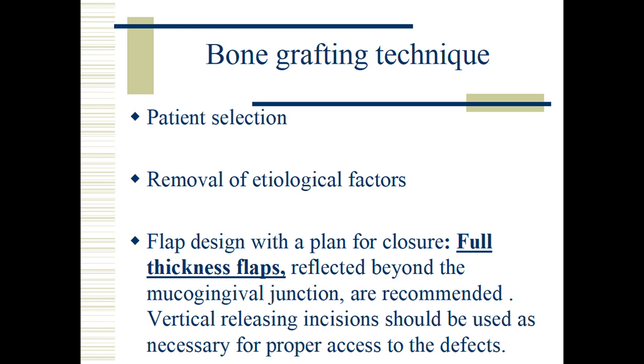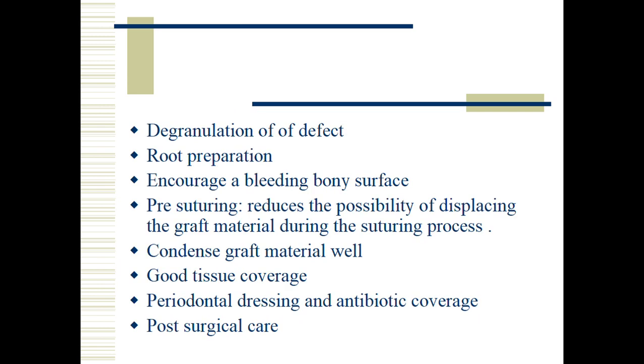Bone grafting technique. Patient selection, first point. Next is removal of etiological factors. Flap design with a plan of closure. Full thickness flaps reflected beyond the mucogingival junction are recommended. Vertical relieving incisions should be used as necessary for proper access to the defect.